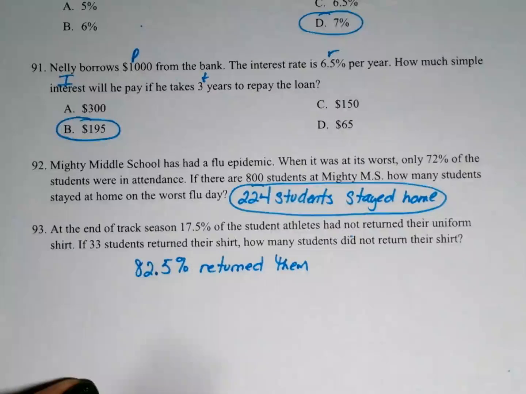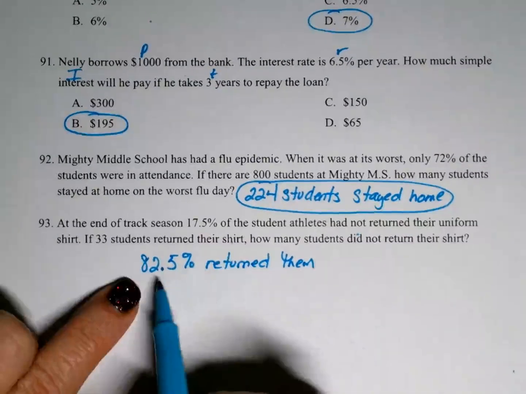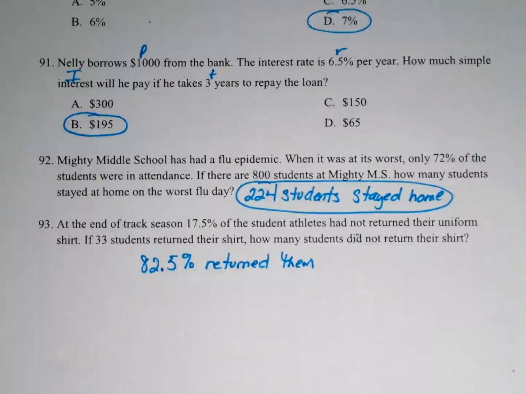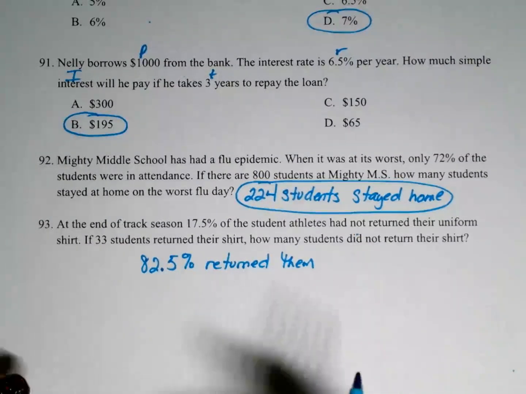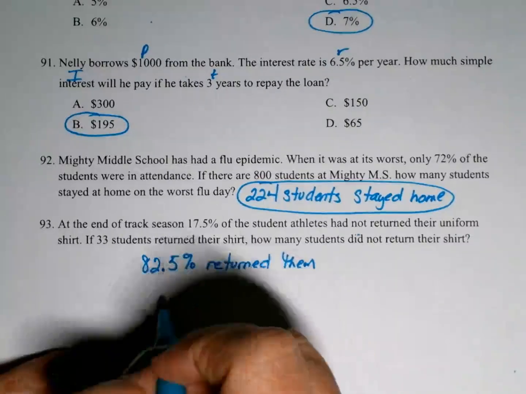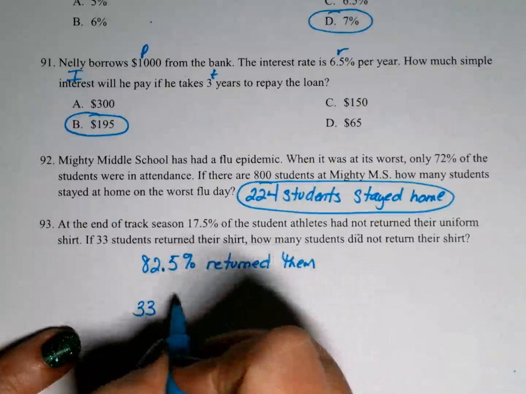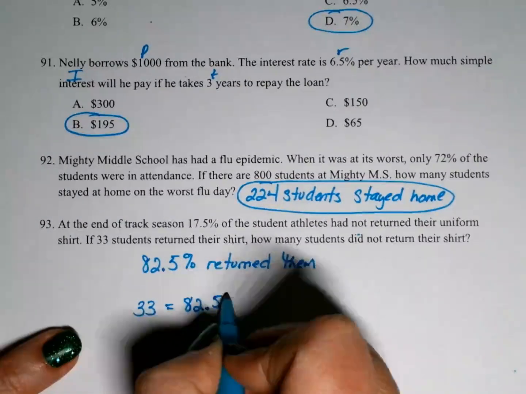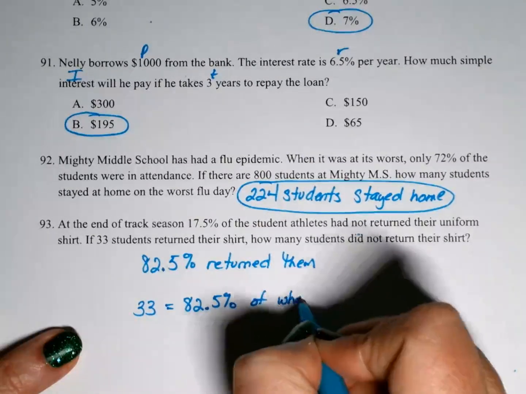So I know that 33 students returned their shirts. How many did not return their shirt? 17.5%. So I know that 33 is 82.5% of what number?